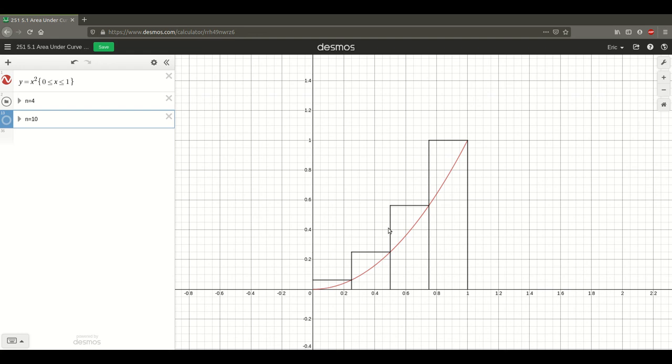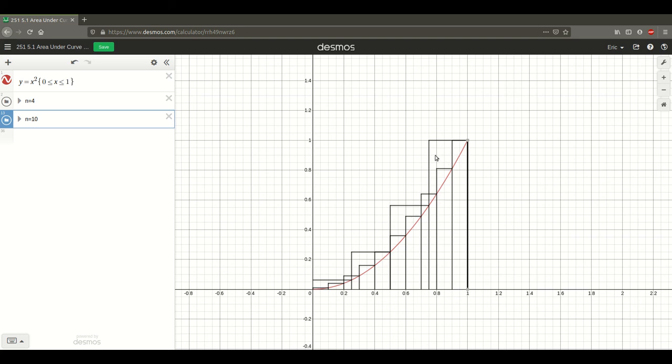Now, if we increase the number of rectangles, we go from n is equal to 4 to n is equal to 10, we get this picture. We have all of these rectangles. And if you look, it looks like there's less area above the curve. In fact, we can overlay these two, and you can see that, yeah, this big rectangle appears to have a bunch more stuff added extra.